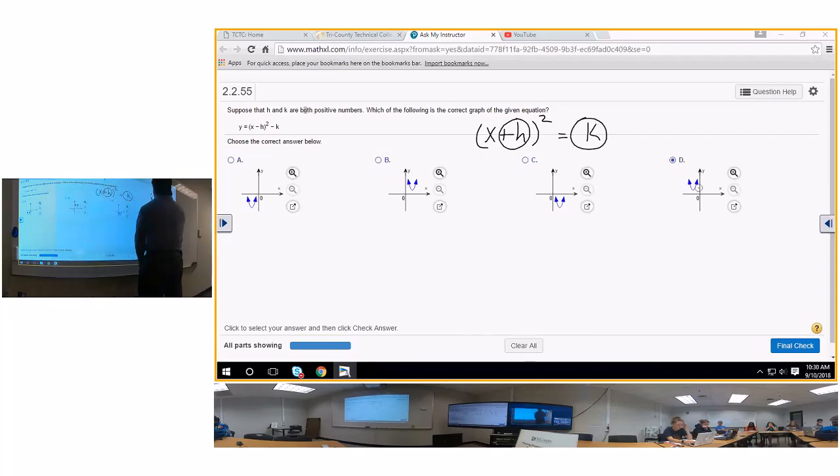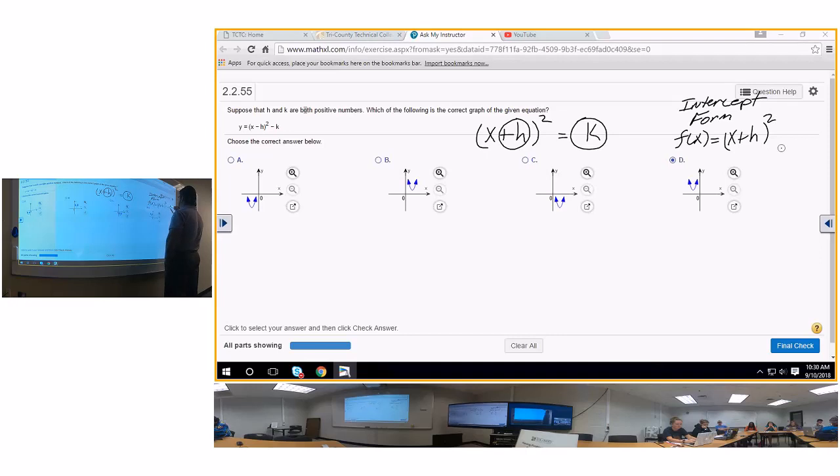But there is the intercept form, where you bring this over, and you put an f of x in front of it, and that's equal to x plus h, quantity squared, and then you do minus k.